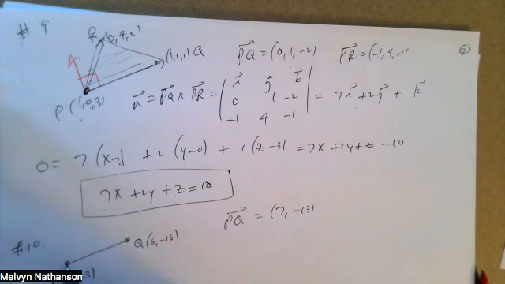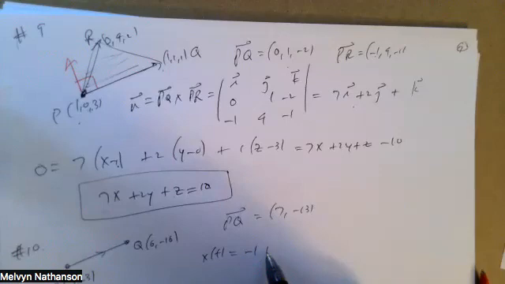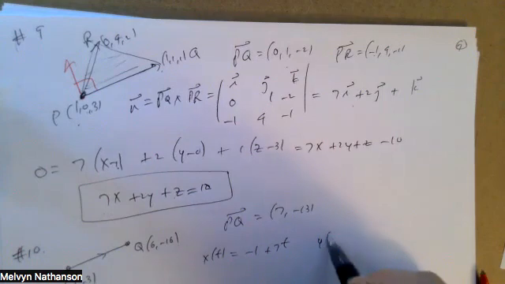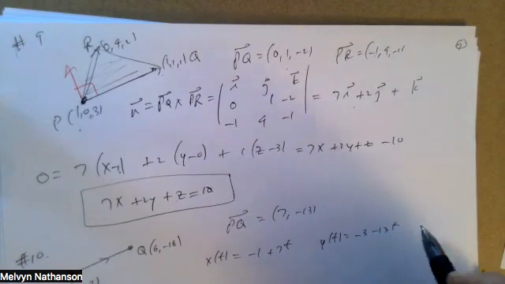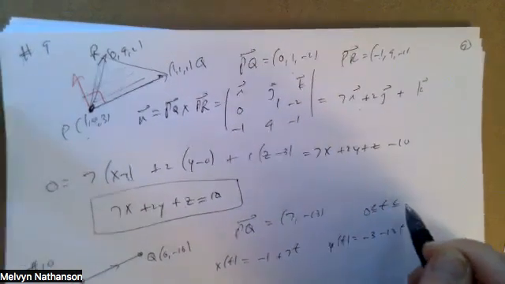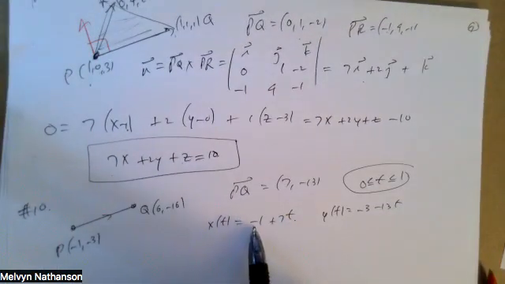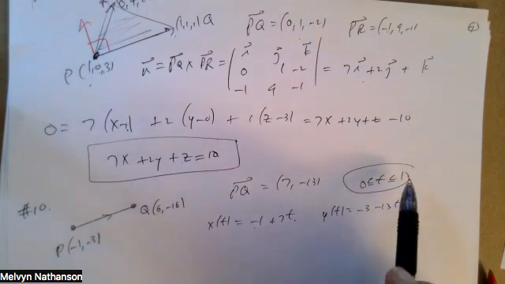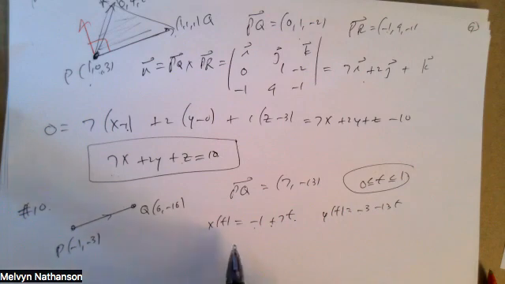So a line starting at P and going to Q would have parametric coordinates: x of t is minus 1 plus 7t, y of t equals minus 3 minus 13t as t goes from 0 to 1. When t is equal to 0, you're at minus 1, minus 3. When t is equal to 1, you're at 6, minus 16. So those are the parametric equations of the line.